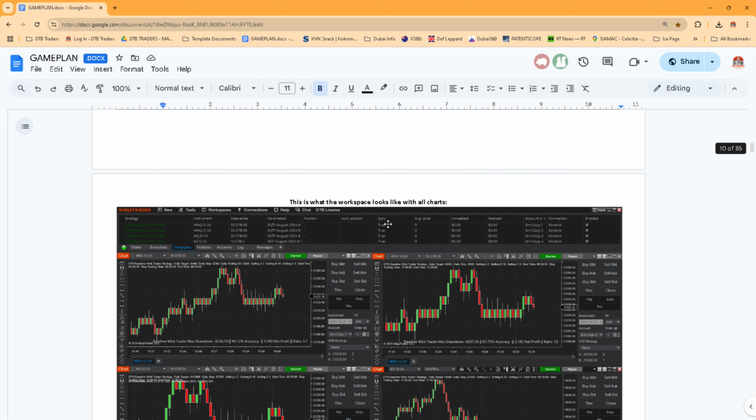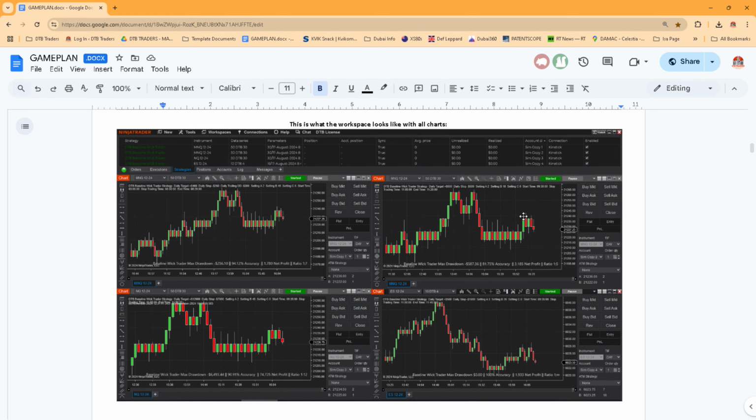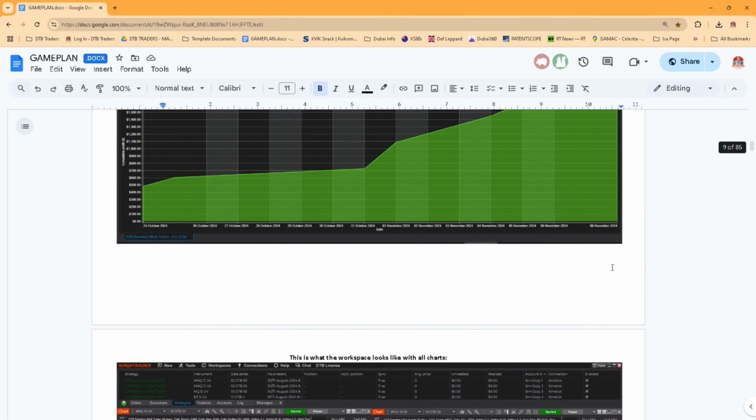It's actually got a screenshot of what the workspace looks like with all the strategies loaded. So if you're running the entire game plan, it'll be good to be able to just see if all your strategies are loaded correctly, because this will give you an idea of what it looks like. Okay, magic. So that's the game plan for the week ahead.